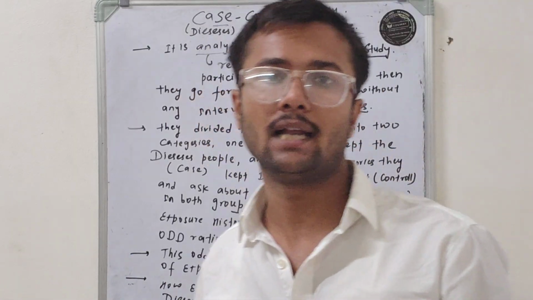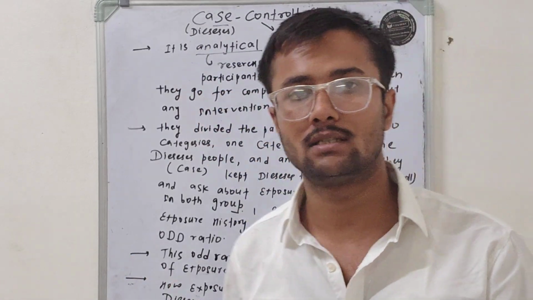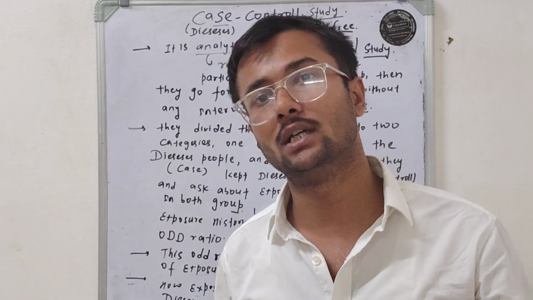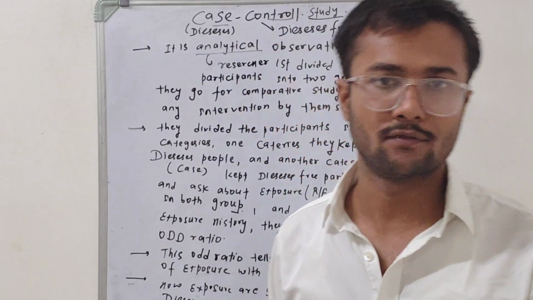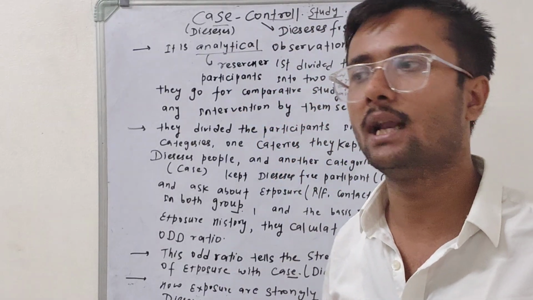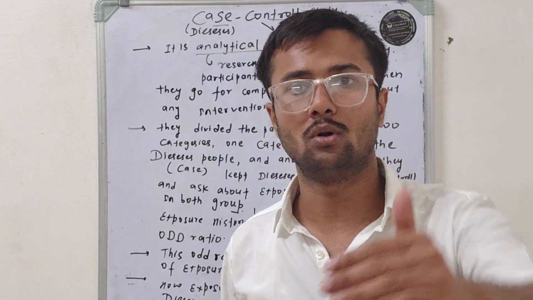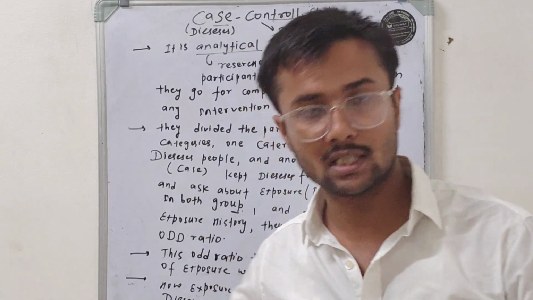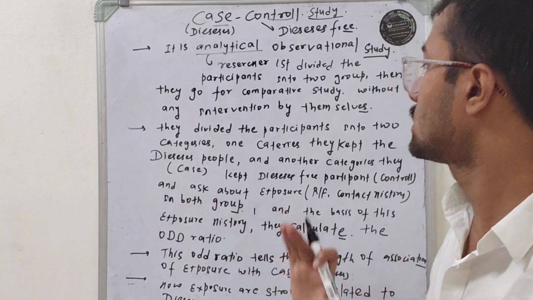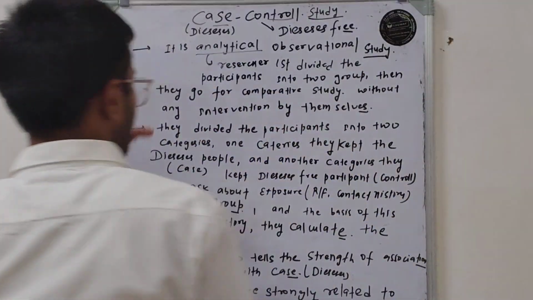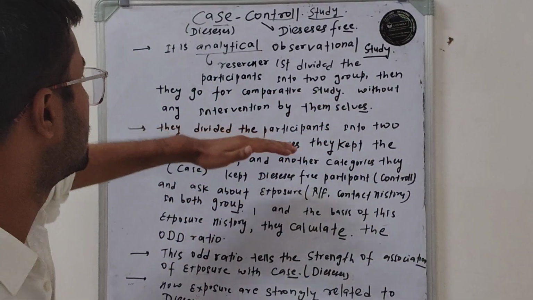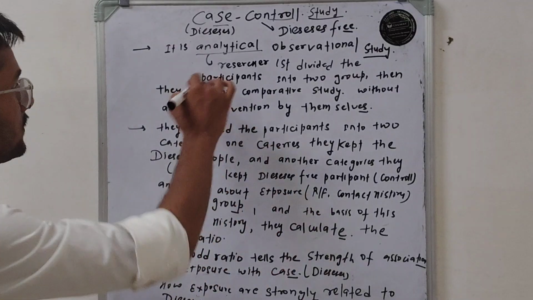So when researchers divide the participants into two groups, in one group they keep disease-free participants, called control, and in the other group they keep diseased patients, called case. Such a study is called a case control study. Whatever I explained is written on the board.